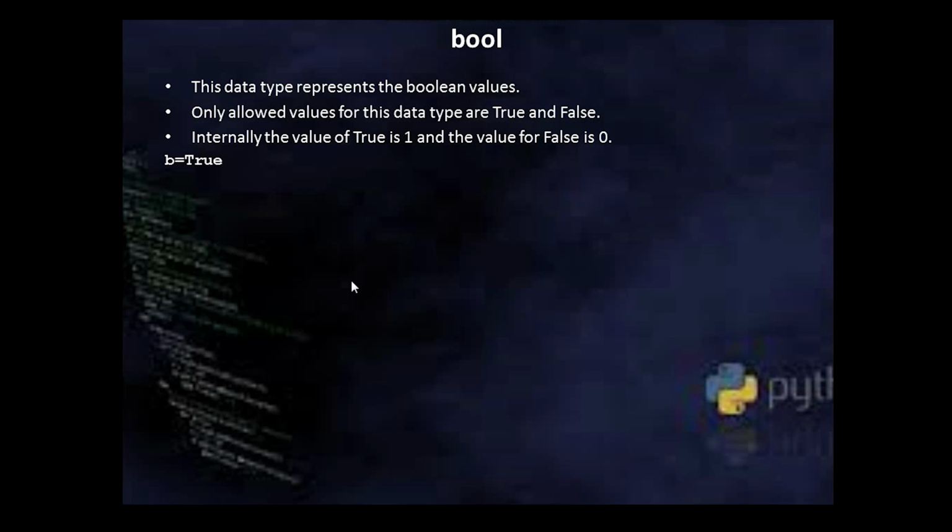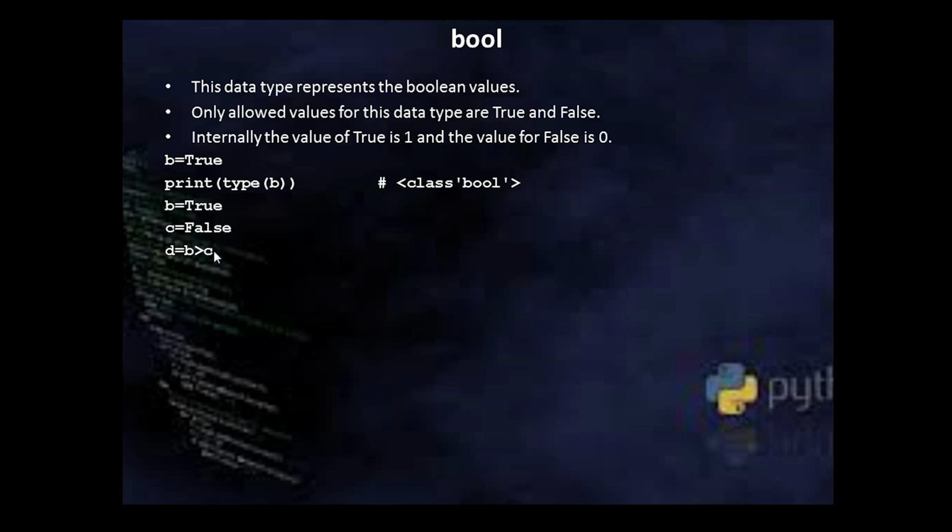Example, I have given b equal to True and I'm trying to check the type of b. It is displaying class bool. B equal to True, C equal to False. I'm checking whether B is greater than C. Such Boolean comparisons are actually not supported in many other languages.